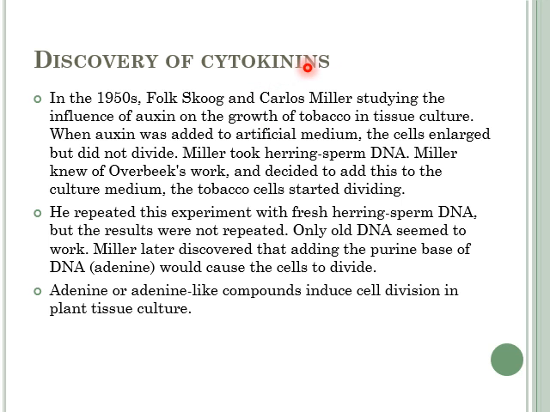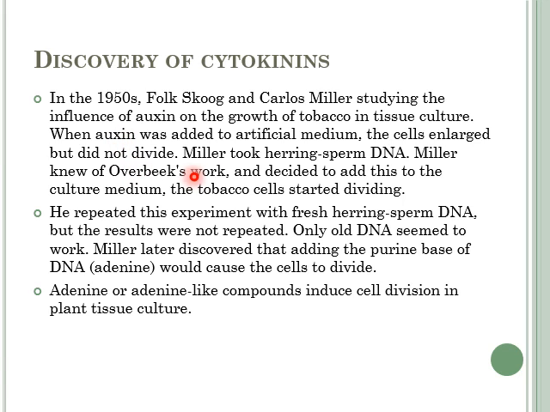Discovery of cytokinins: in 1950, Skoog and Miller were studying the influence of auxin on the growth of tobacco in tissue culture, means in the lab. When the auxin was added to the artificial medium, the cells enlarged but did not divide, because the function of auxin is cell elongation, not cell division.